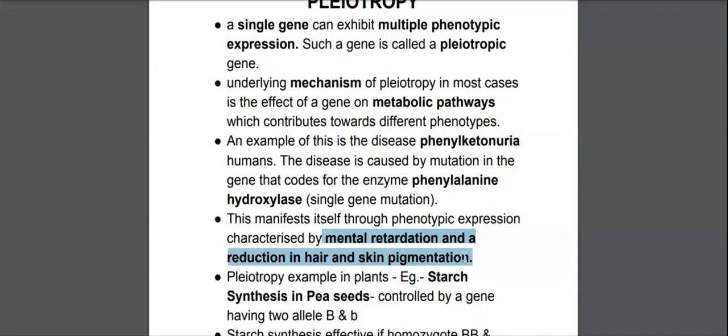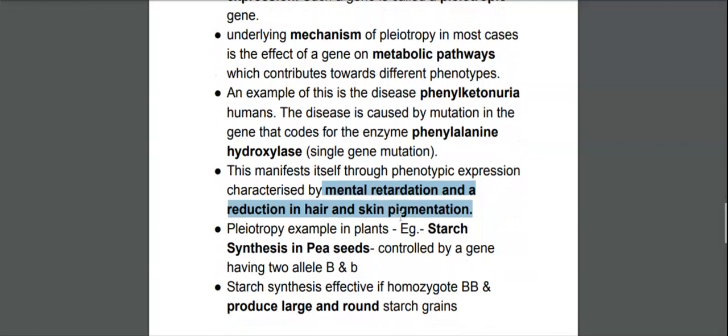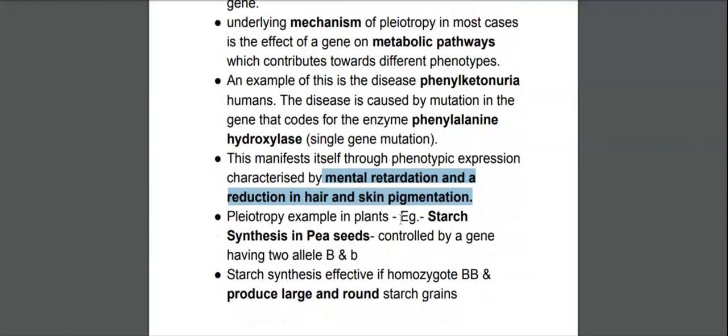So this again becomes an example of pleiotropy, where a single gene affects more than one phenotypic trait or phenotypic expression. In plants, we have come across this example of starch synthesis in pea, and when I was explaining this, I had told you that this is an example of pleiotropy because a single gene is controlling two things.